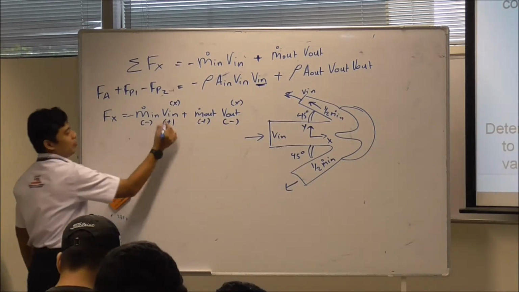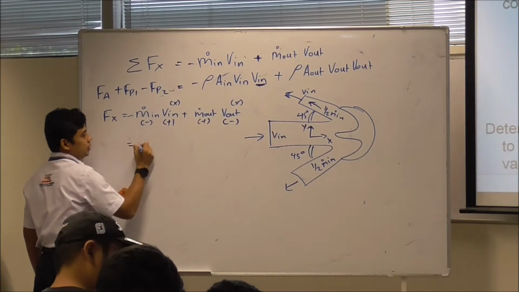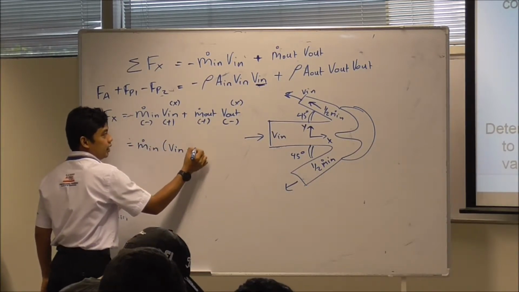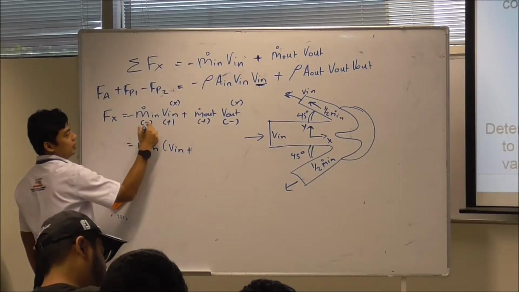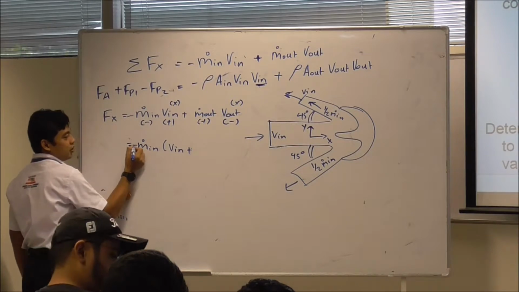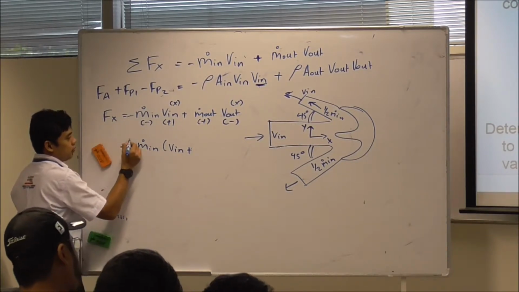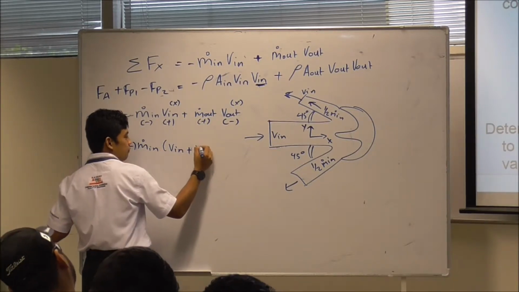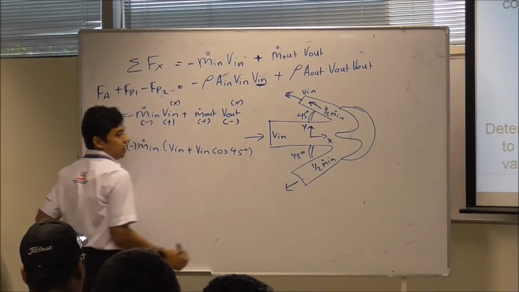Okay? So we know that m dot in is equal to m dot out. So you got m dot in, V in, minus or plus? Plus. Because this one minus, this one minus. So I got minus here, I put it in front, equal to minus. I put in the bracket V in plus V in cos 45 degrees.